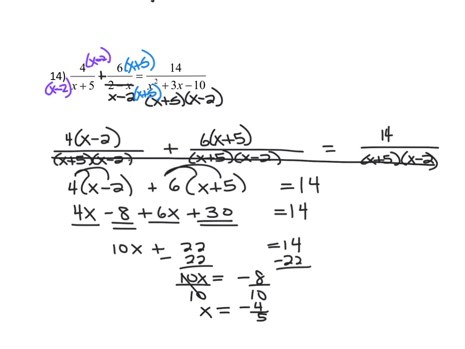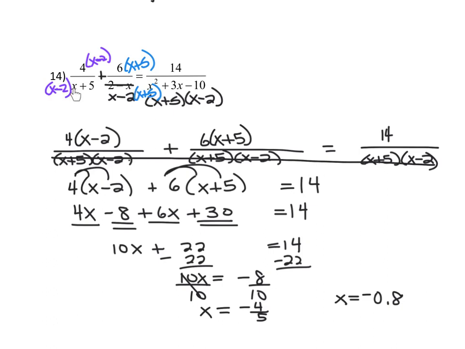If you prefer, you can also write -0.8. 4 divided by 5 is 0.8. It's a decimal that stops, so you are allowed to write it as a decimal if you want. Now, the only thing I have to do is go back and make sure that if I substitute in this fraction or this decimal into the denominators, it doesn't create a 0.